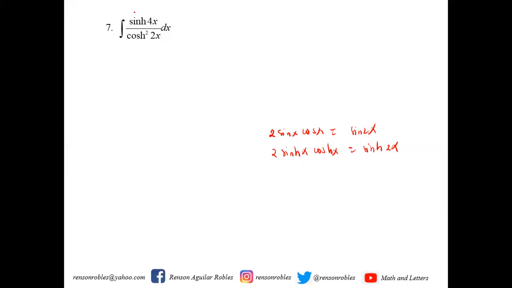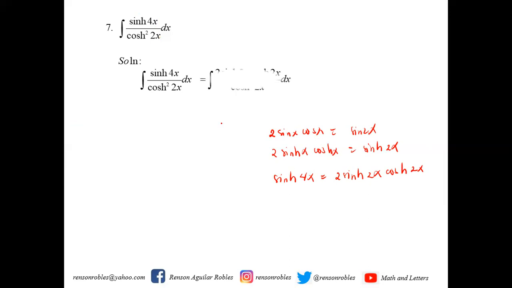Which means this sinh(4x) can be written in double angles such as 2 sinh of half of 4x, that's 2x, times cosh of 2x. So we got 2 sinh 2x cosh 2x all over hyperbolic cosine squared of 2x dx.